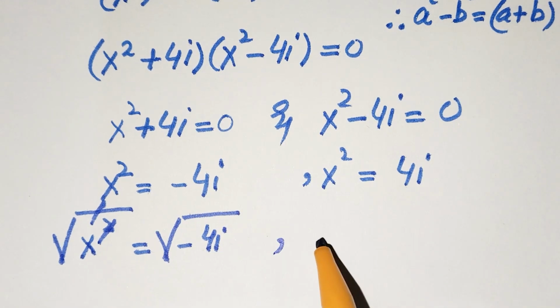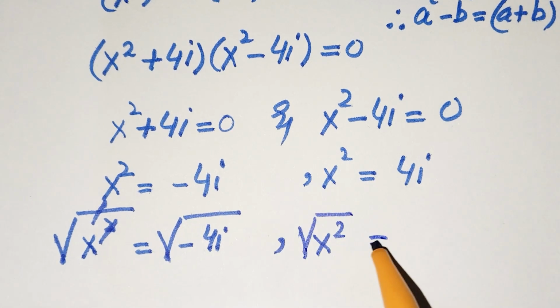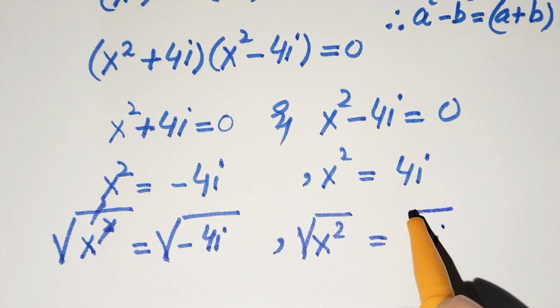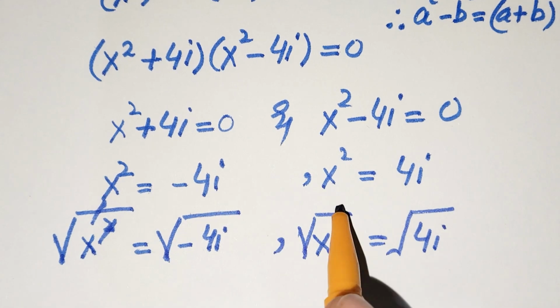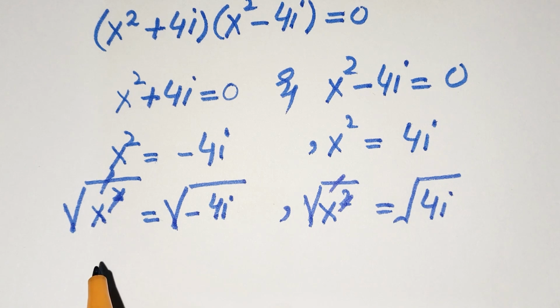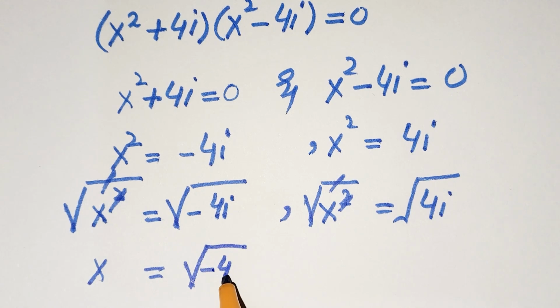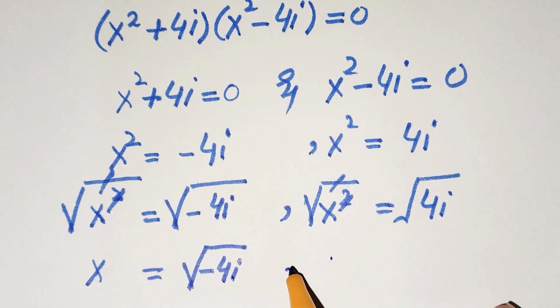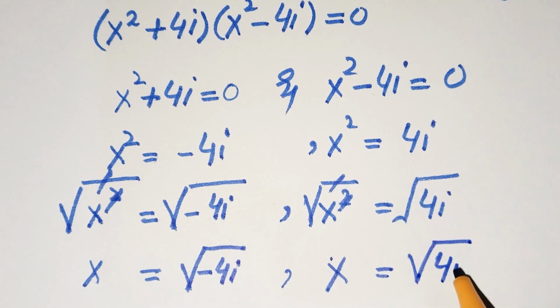Here we follow the same step, taking the square root of 4i, and it will be cancelled. Then x is equal to the square root of minus 4i, and here also x is equal to the square root of 4i.